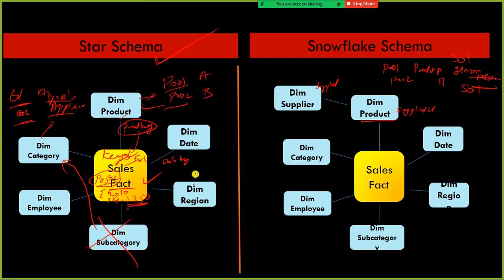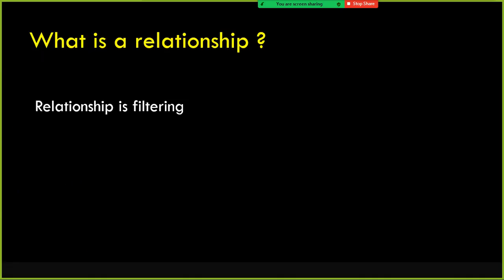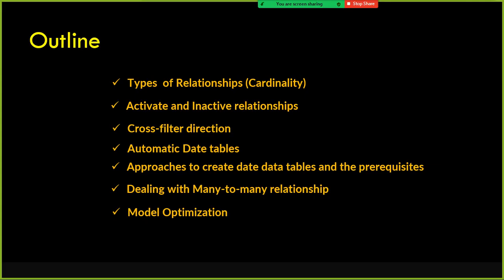Ideally the subcategory should be linked up with the category table, because if you store it separately, how do we know the subcategory belongs to which category, right? So okay, this is a mistake, I remove it. In simple terms, dimension table will have the surrogate key along with the descriptive information. This one will hold the fact table with the dimension table's key columns in it.